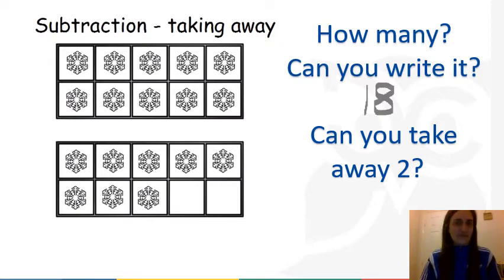Now, we're going to subtract. Subtract just means taking away. Show me your taking away. You're going to take away 2. Can you take 2 off your 10 frame? And count how many you have left.